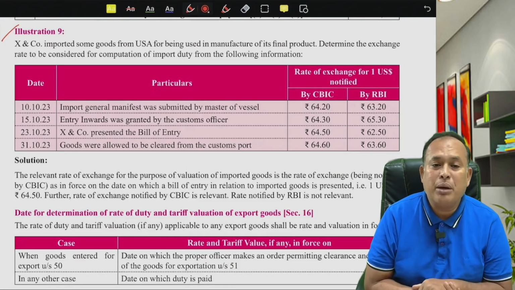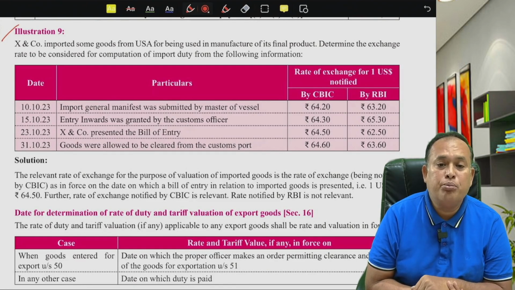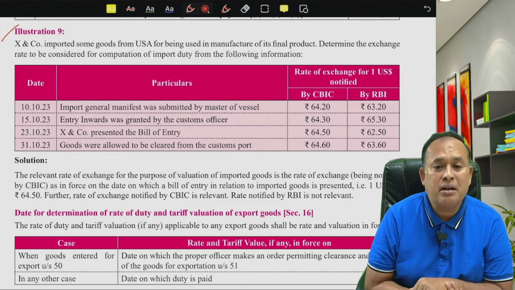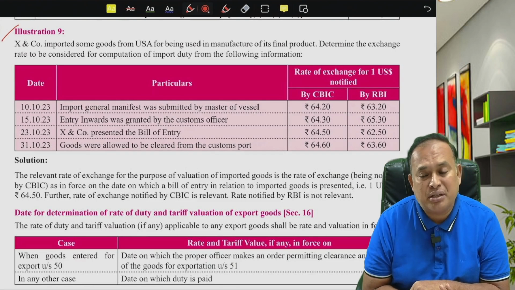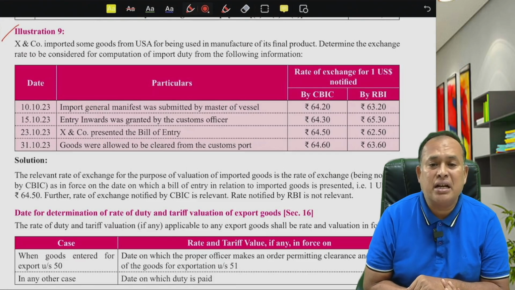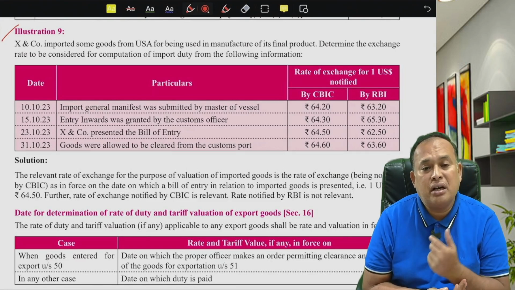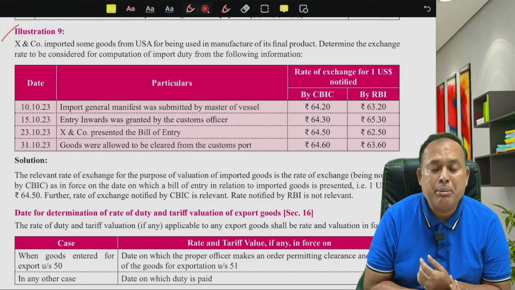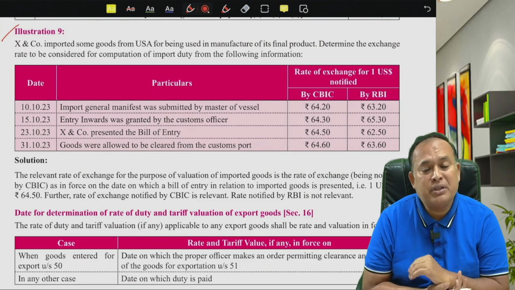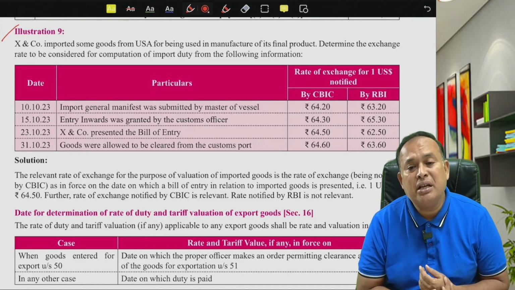So, in the given problem, various dates are given. On 10th October 2023, the import general manifest was submitted by the master of the vessel. On 15th October 2023, entry inward was granted by the customs officer. On 23rd October, XN company presented the bill of entry. On 31st October, goods were allowed to be cleared from the customs port.